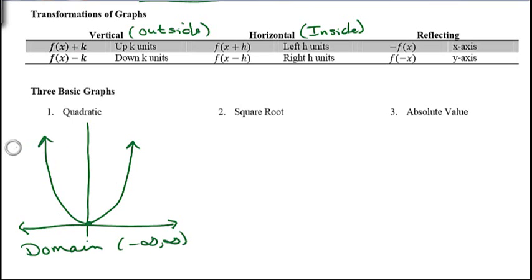So it goes off to the left forever and off to the right forever. The range, if it's opening up, it's always going to be from this bottom point using a square bracket, and in this basic graph it's going to be 0, and then go up to positive infinity. So it starts here and goes up forever. Oh, and this is the graph for f of x equals x squared.